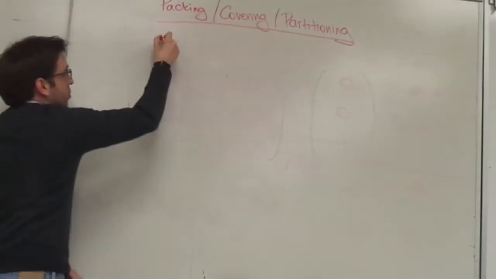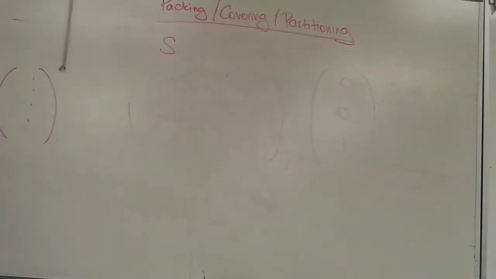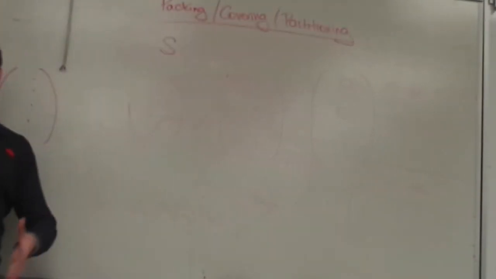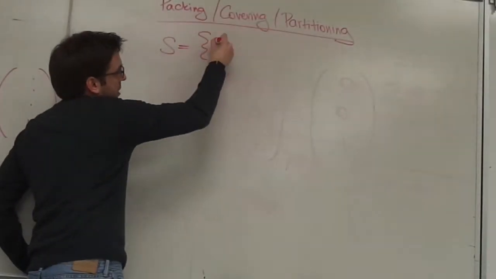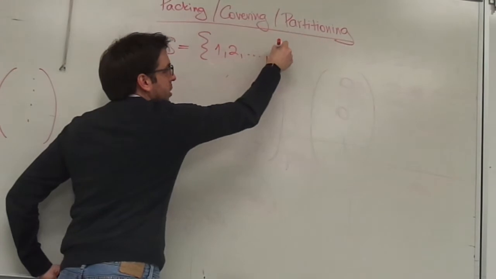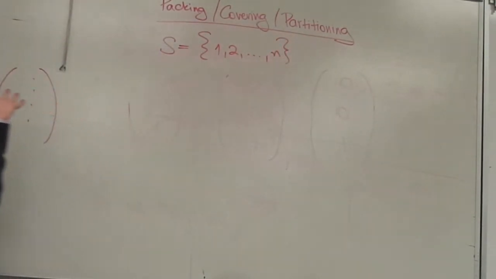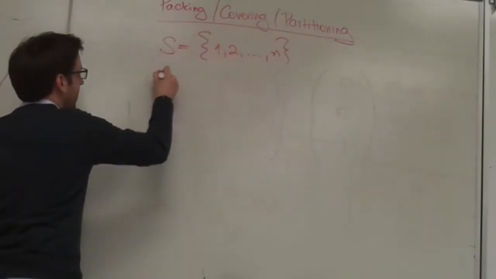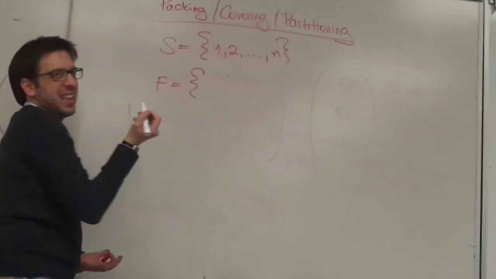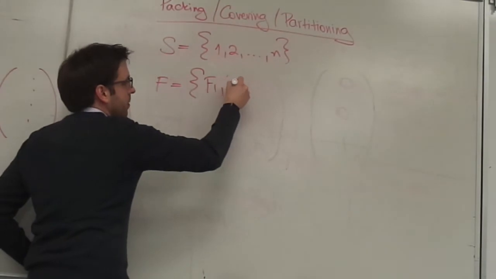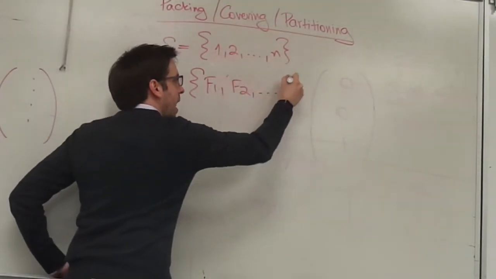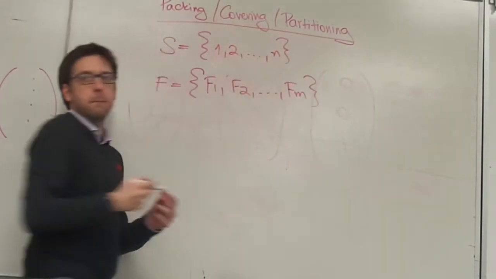So, assume you have a universe of items S. They could be people, like Chris, Mustafa, Tim, Rui, and so on, or they could be numbers, or anything that you want. It's a universe of elements. And we also have a family of sets, F1, F2, Fm.